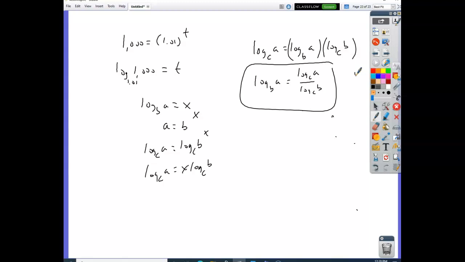What does that mean? If I give you a problem that says log base 7 of 12, that's the same thing as log of 12, base 10, over log of 7. And your calculator can certainly do that.